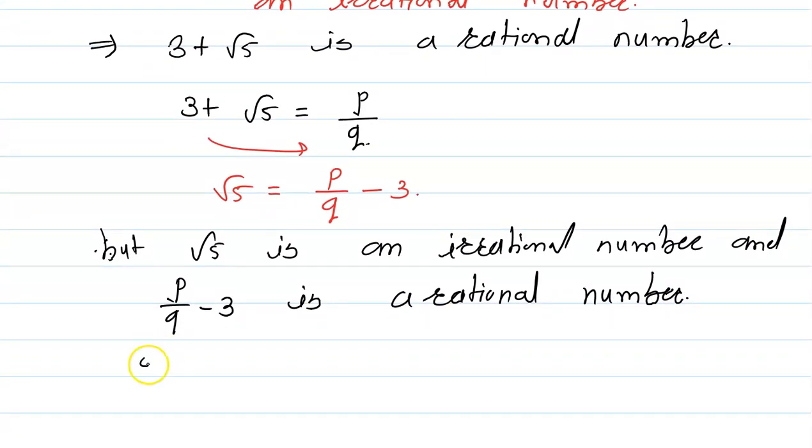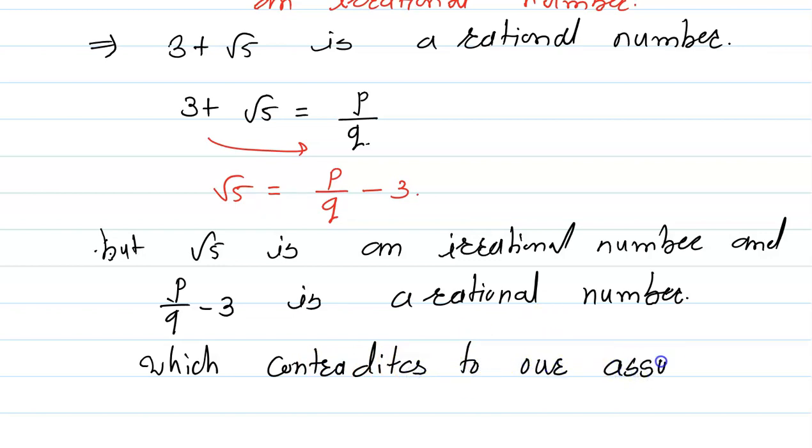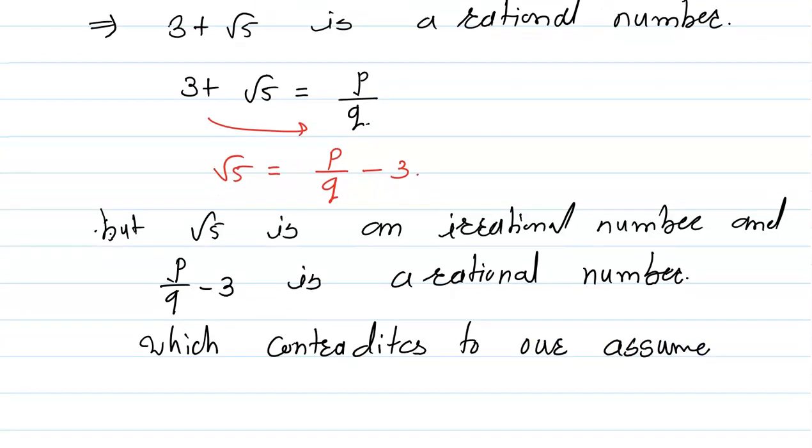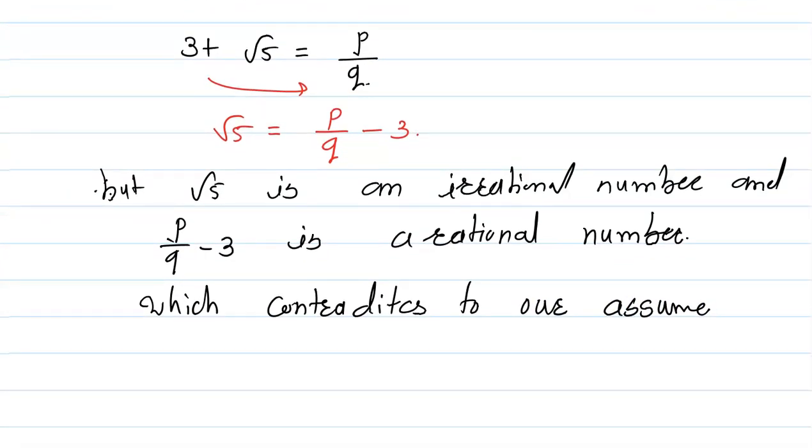So that contradicts our assumption that 3 plus root of 5 is not an irrational number, which is false.